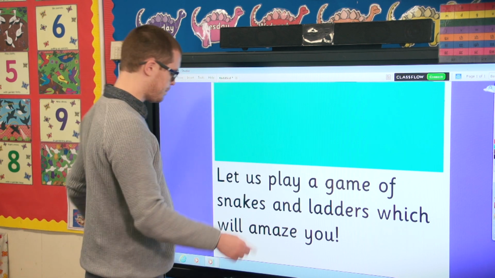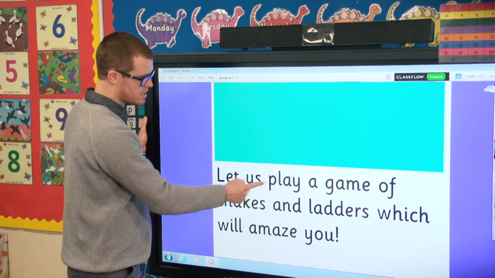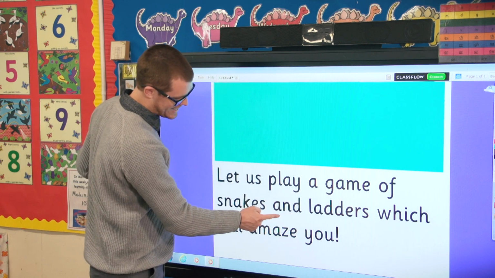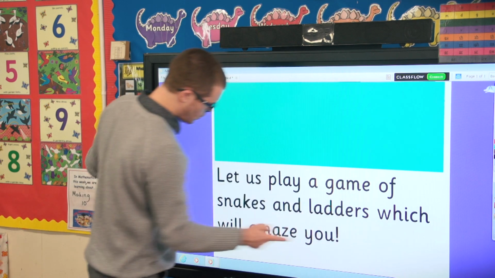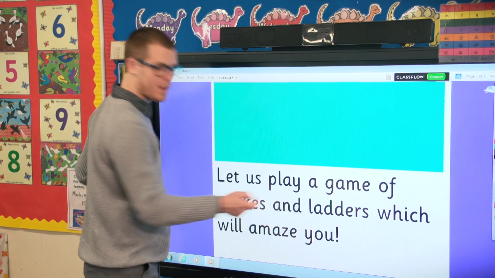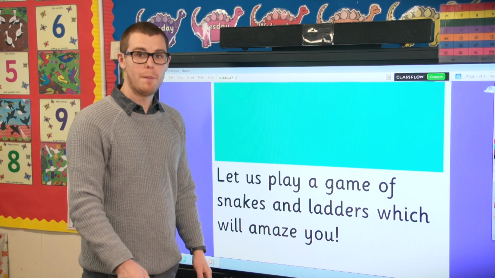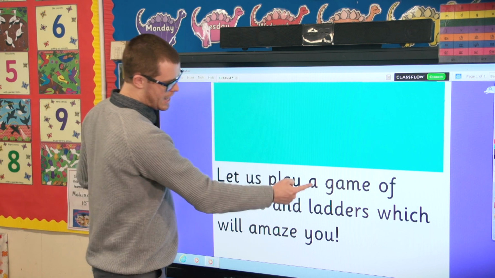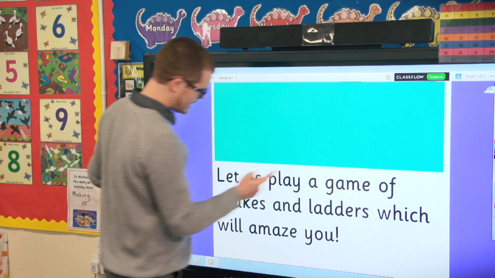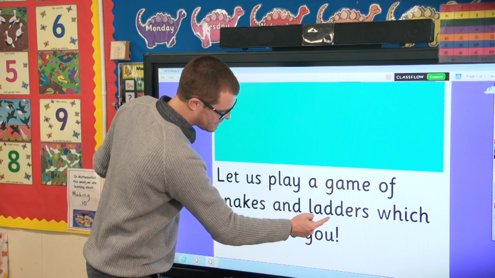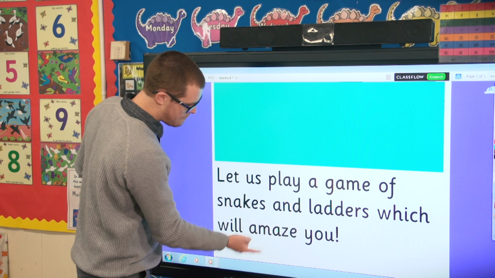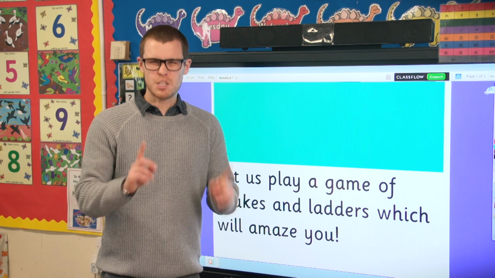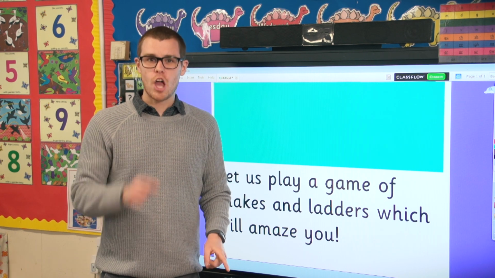Now let's read together. Let us play a game of snakes and ladders which will amaze you. Let's read the sentence one more time. Let us play a game of snakes and ladders which will amaze you. Snakes and ladders is so much fun, especially when you land on a ladder and you get to move up.